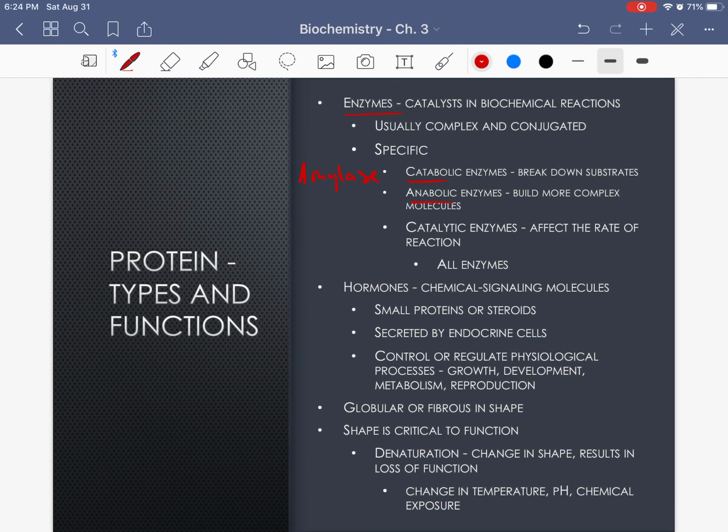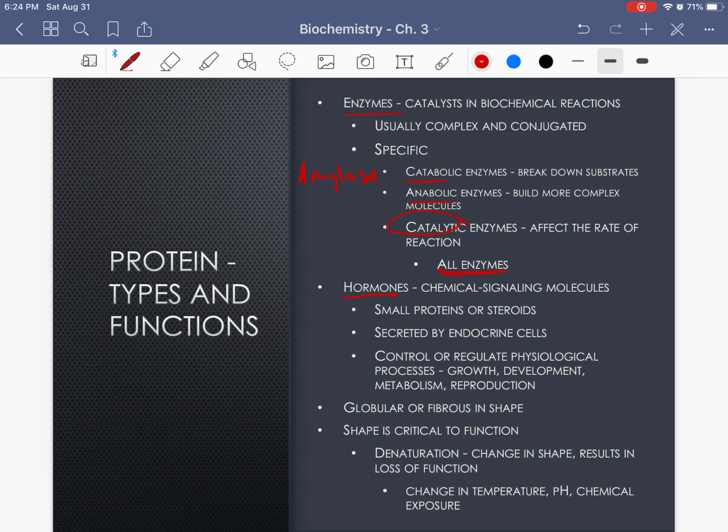Anabolic enzymes build complex molecules. Both of these are catalytic enzymes. They affect the rate of chemical reactions. All enzymes are catalytic. They help to increase, in most cases, the rate of the chemical reactions.